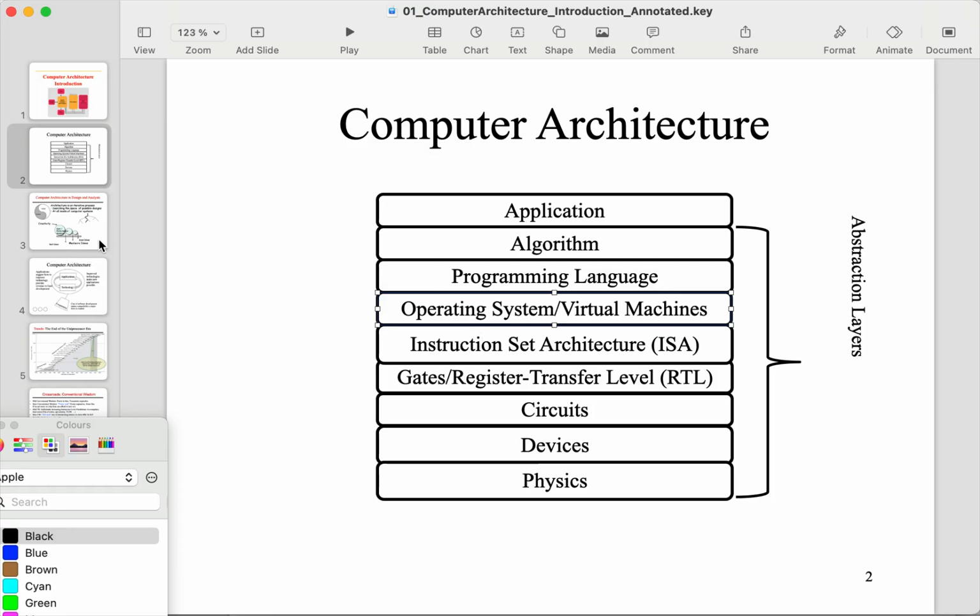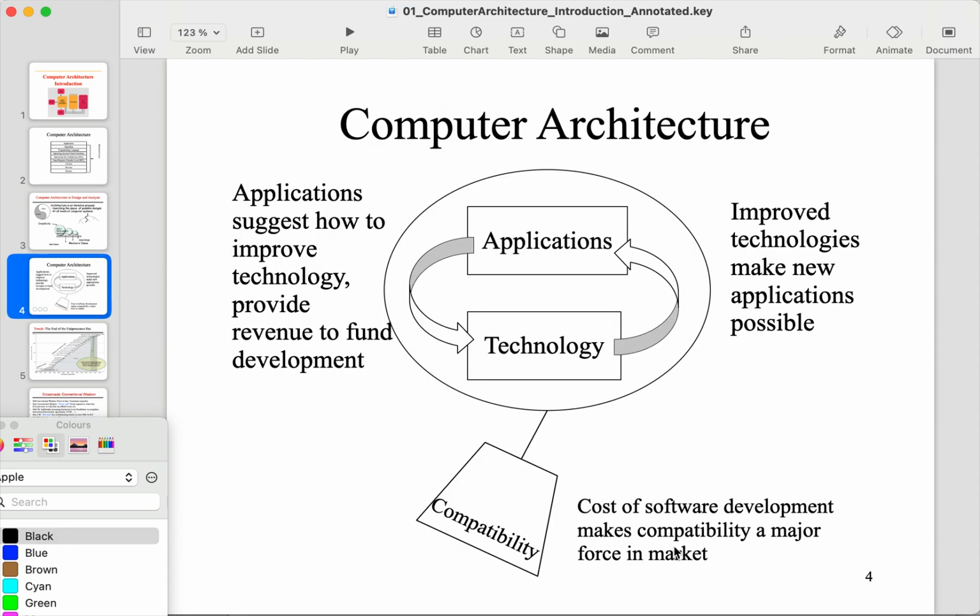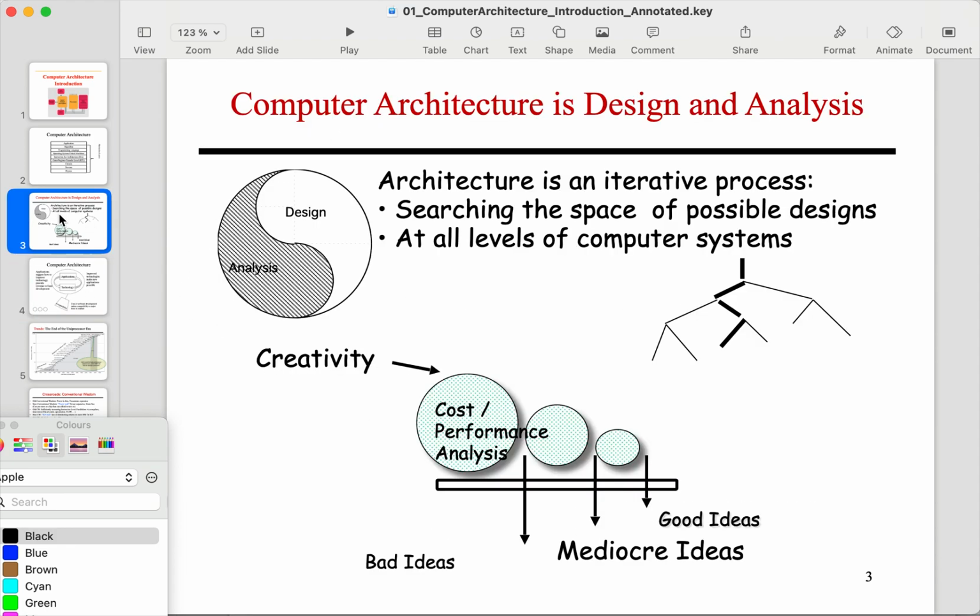Or what are the advantages of the new system that we are creating? So we will do some performance analysis to separate the good ideas from other ideas that may not bear any fruit for us. So we have design and analysis that come together, that need to be performed for the new architecture design.